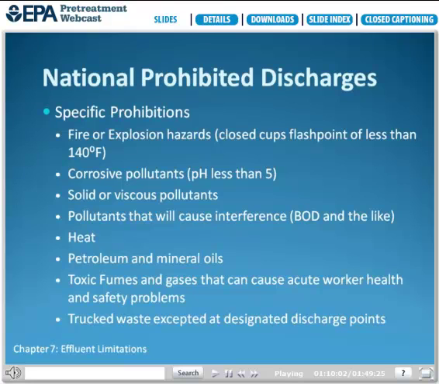BOD often is something that is seen at a high level, which can cause problems if discharged in a slug. Heat, petroleum and mineral oils, toxic fumes and gases that can cause acute worker health and safety problems, or truck waste unless it's specifically at a designated point.